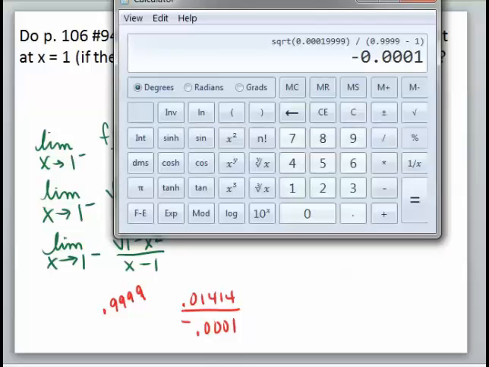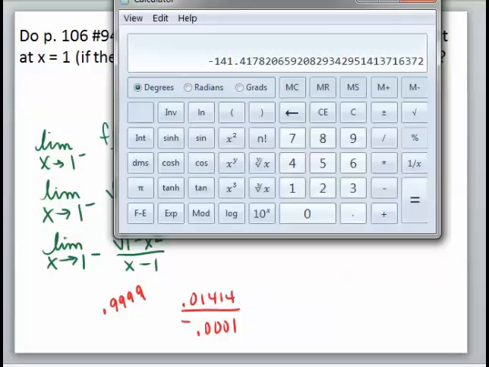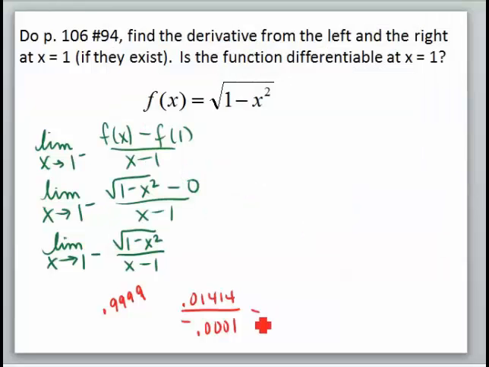And then when I divide those two things, I end up getting a really, really large negative number. And the closer I would get to 1, the larger and larger this number would get. So I know that the answer to this is negative infinity. So the derivative from the left goes to negative infinity.